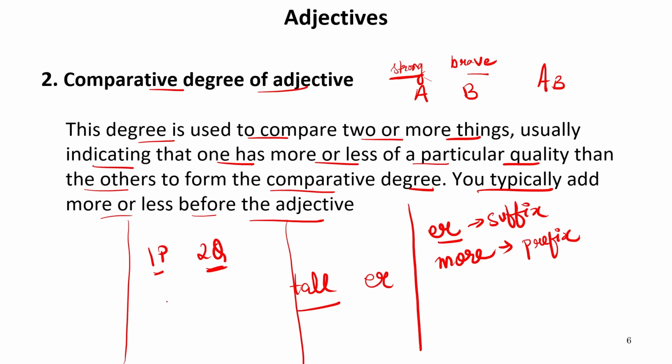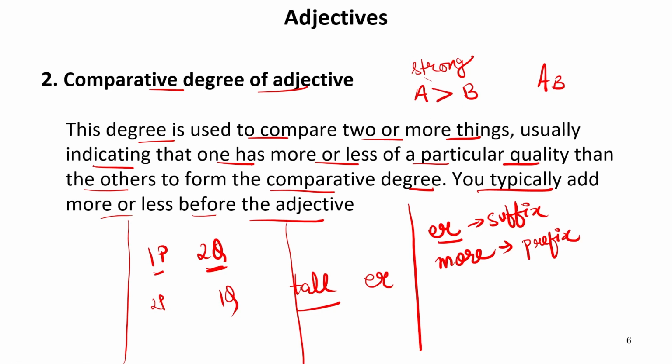Again, if I compare two persons on the basis of one quality, in this manner we can also compare two things. For example, I'm comparing A and B on the basis of strongness. If I say that A is stronger than B, it means A is more strong and B is less strong.